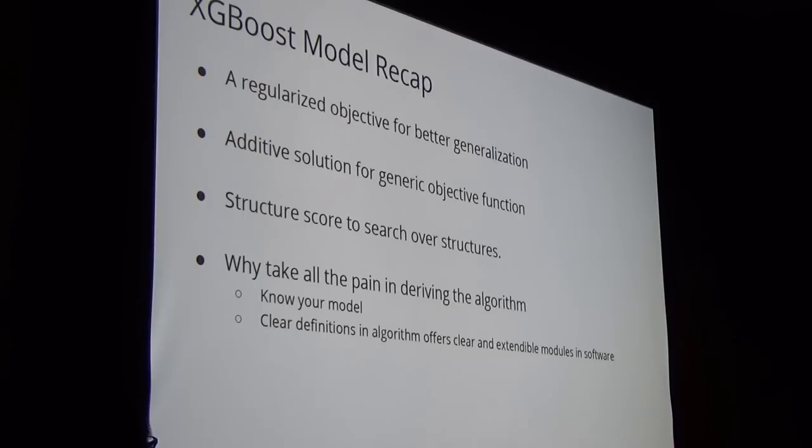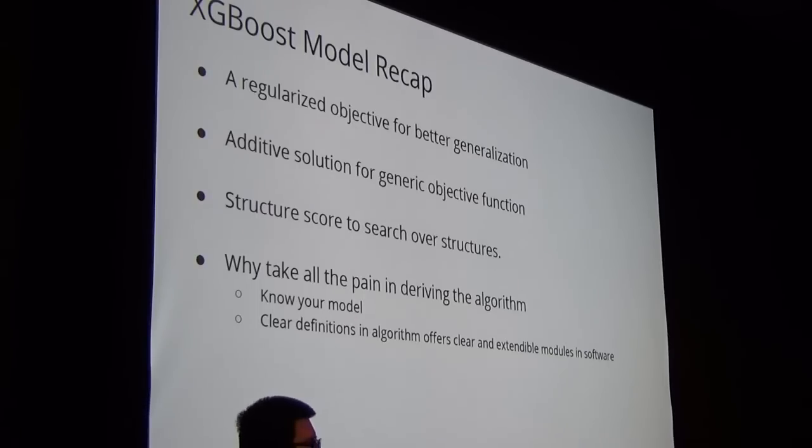And the structure score function can be used to search over structures. This is quite generic, in the sense that this principle can be used to solve problems not only for binary trees, but other tree structures, if you are ever interested in other types of tree structure that can help you incorporate your prior knowledge.